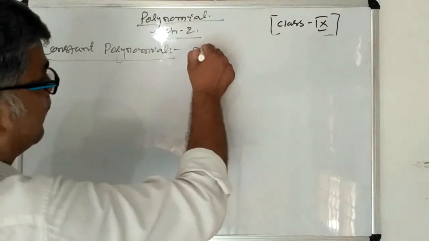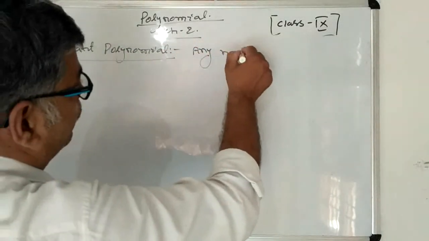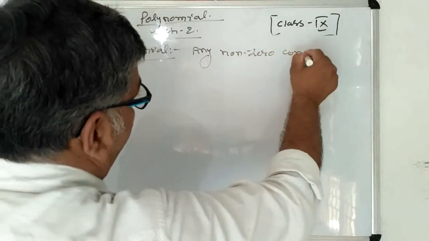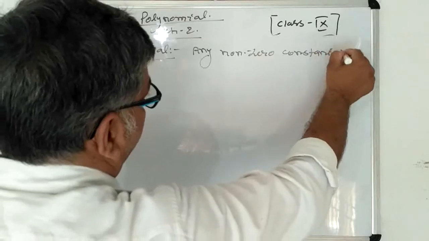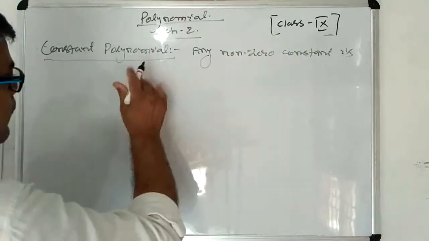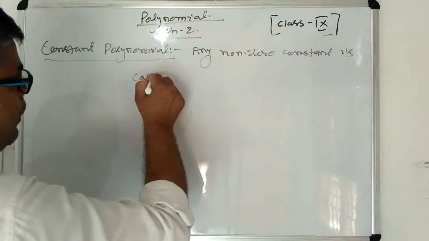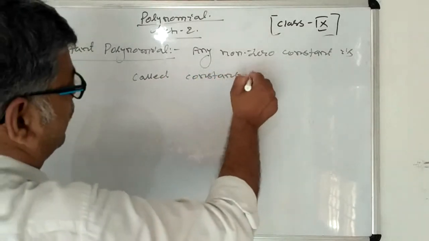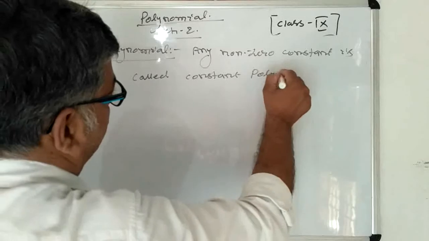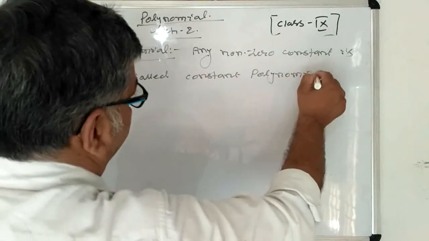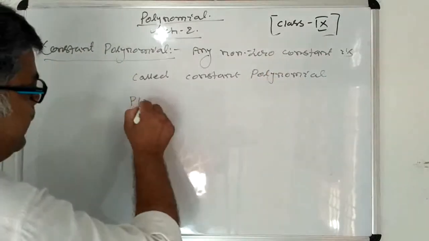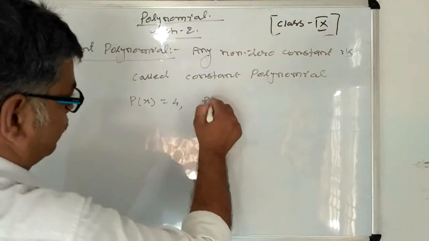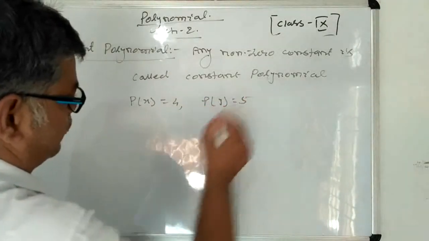Any non-zero constant is called a constant polynomial. Like p(x) equals 4, p(y) equals 5. That's all.